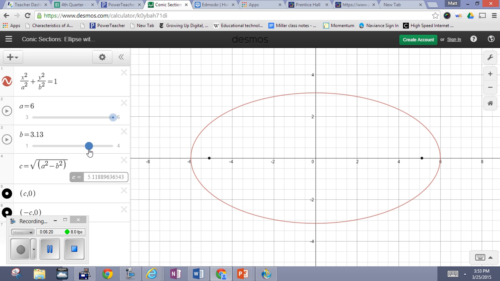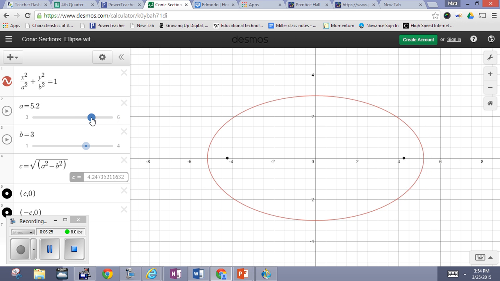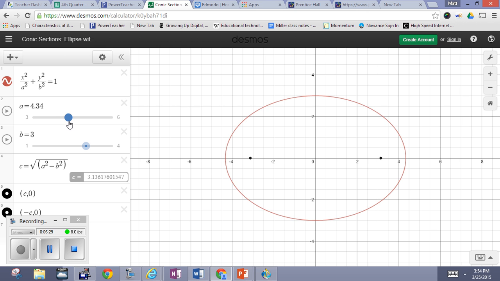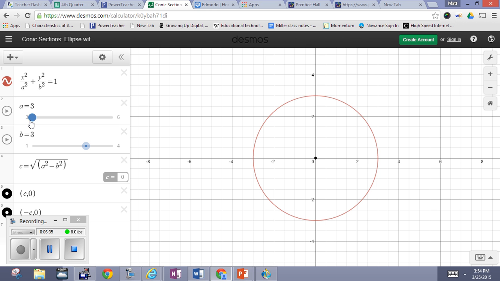Of course, with a and b being equal, we're going to be looking at a circle, and in looking at the circle, the foci points are meaningless because there aren't two foci points. There's but one focus, or should we say, the radius.